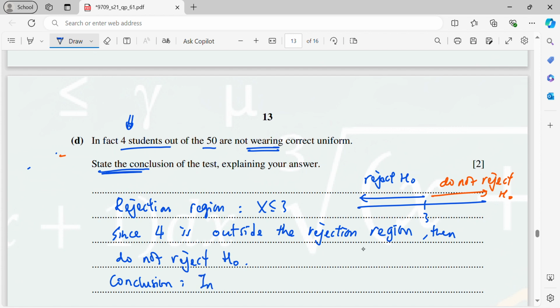insufficient evidence to conclude the H1.